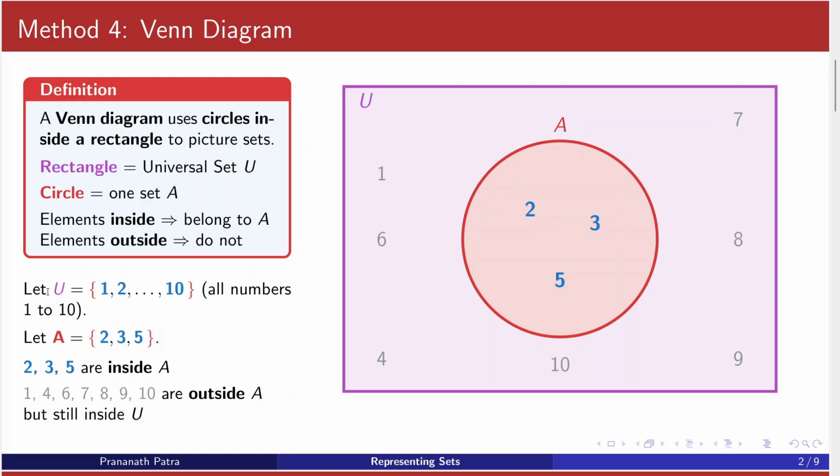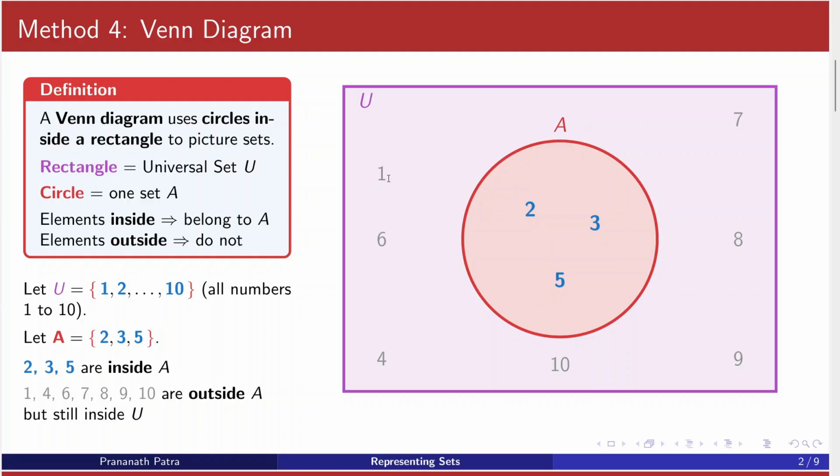Let's say our universal set, U, contains all the whole numbers from 1 to 10. Now, let's say our set A contains just 3 specific numbers, 2, 3, and 5. If you look at the diagram, you will see exactly how this works. The numbers 2, 3, and 5 are placed safely inside the red circle because they belong to set A. Now, what about the rest of the numbers from 1 to 10?